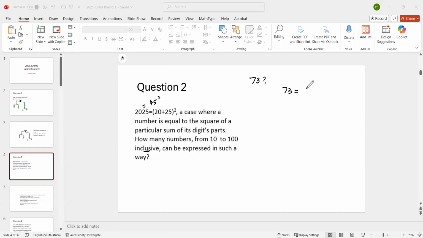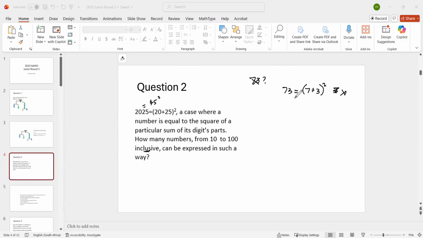Okay, there are only 2 digits here, so the sum of the digits is 7 plus 3. And is this equal to 7 plus 3 all squared? Now this is 100, so that certainly is not so. So 73 is not one of the numbers.